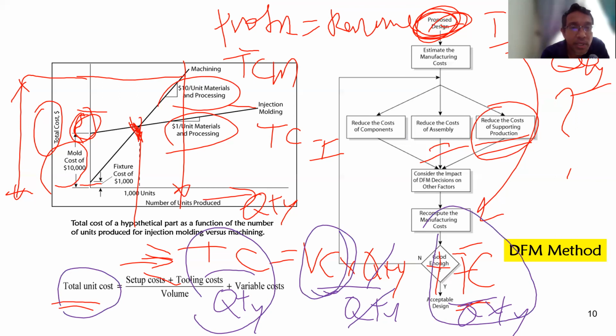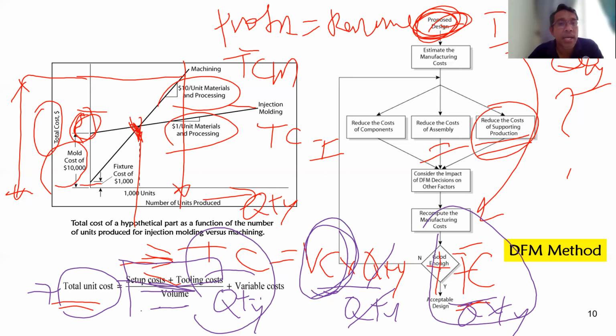The fixed cost is the setup cost plus tooling cost, divided by volume, where volume is the quantity, plus the variable cost. So that is how you get this formula: total unit cost equals the setup cost plus tooling cost divided by volume, so the fixed cost divided by quantity, plus the variable cost.